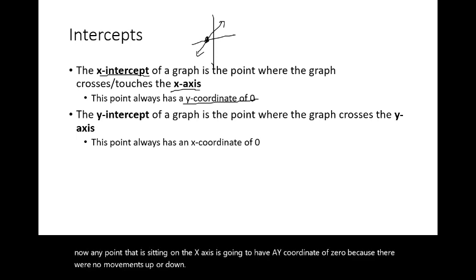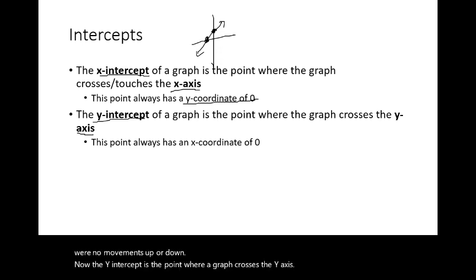The y-intercept is the point where a graph crosses the y-axis. And any point that is sitting on the y-axis has an x-coordinate of 0 because there were no movements left or right.